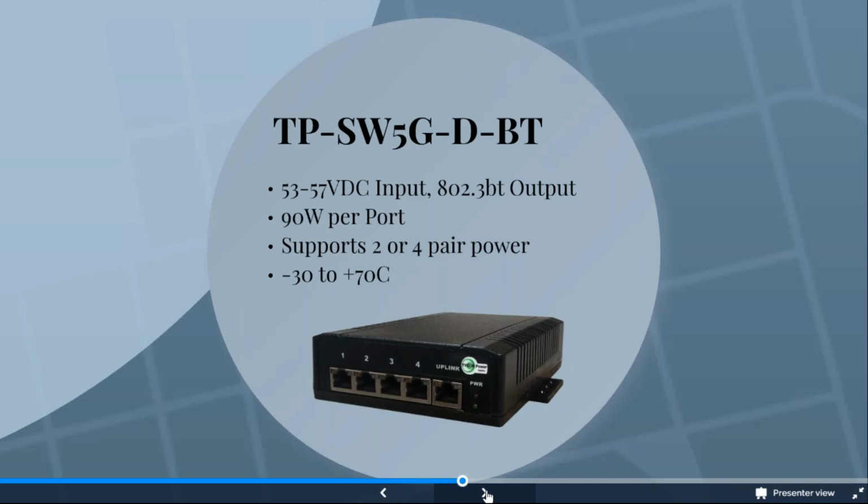If you don't have that requirement, maybe you're just powering some AT devices, you can provide it with the 2-pair wire, or this also has the 4-pair wire option. Now, and I failed to mention, all of these standards are backwards compatible. So if you have an 802.3 AT switch, it'll still power your 802.3 AF device.